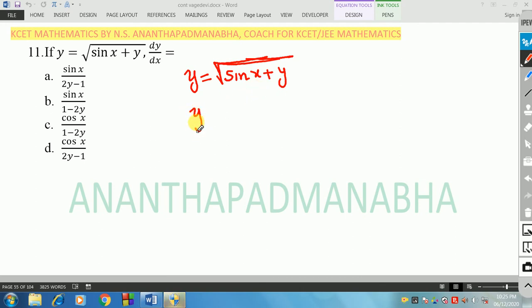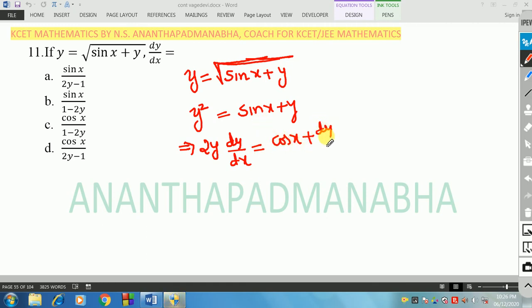We'll square on both sides. We get y square is equal to sin x plus y. The square root is eliminated. So now let us differentiate on both sides. We get 2y into dy by dx is equal to the derivative of sin x, which is cos x, plus the derivative of y, which is dy by dx.